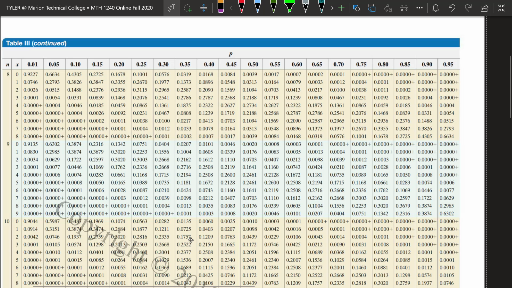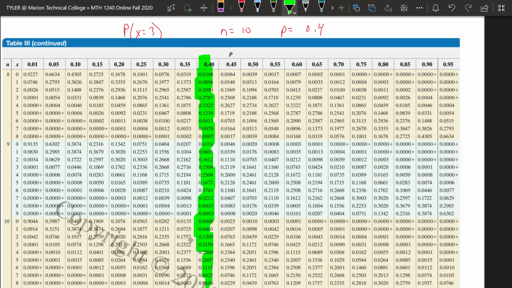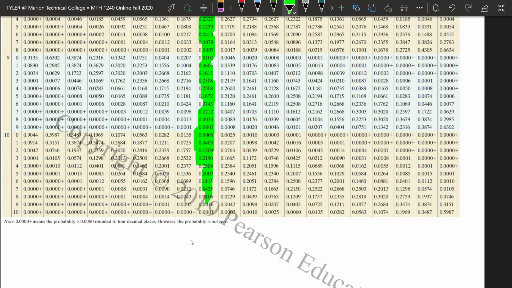All right, so just as a reminder, we were trying to find the probability that x equals 3, and we had n equals 10, and p equals 0.4. So I'm going to be in this column here, p equals 0.4, so it's going to be some value in this column. Here's my n equals 10.